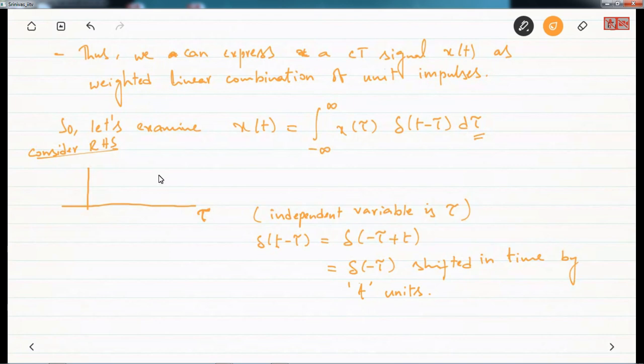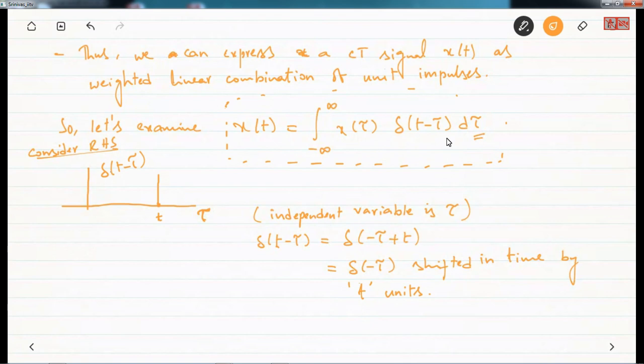So that will be something like this. So this is my t minus tau, right? What I'm doing is just trying to interpret this equation in another way, so that you will get a clear understanding of how to represent a continuous time signal as a weighted linear combination of shifted impulses.